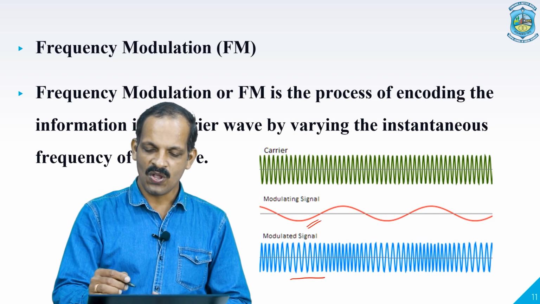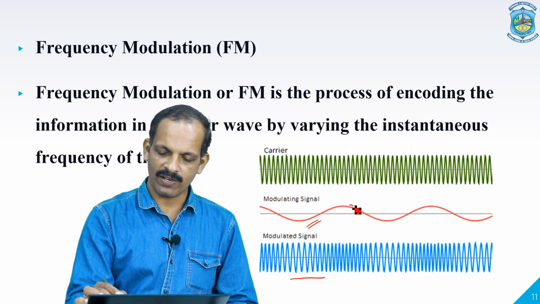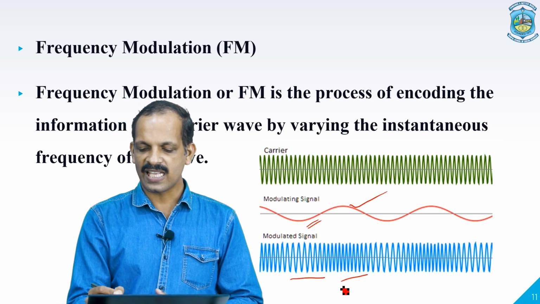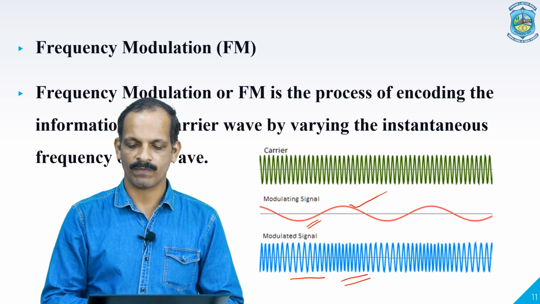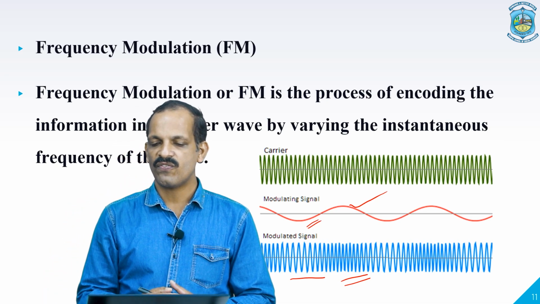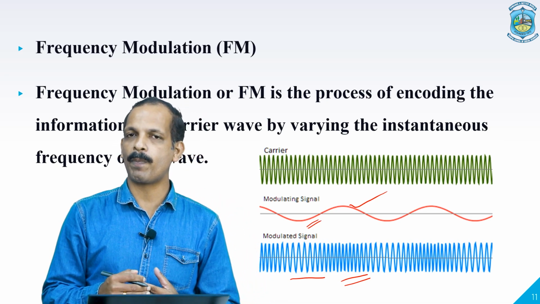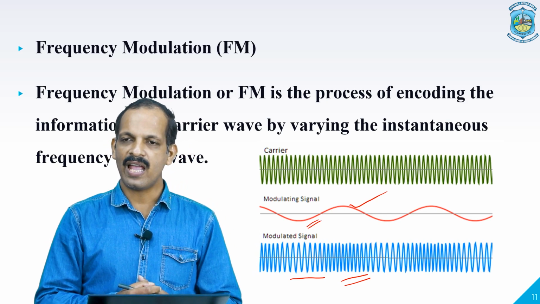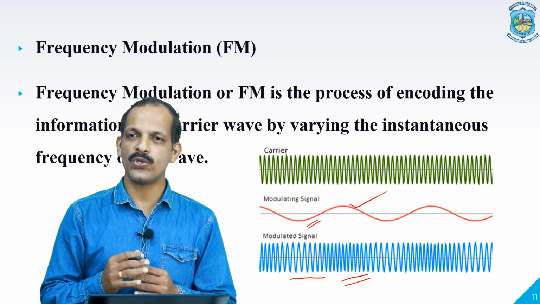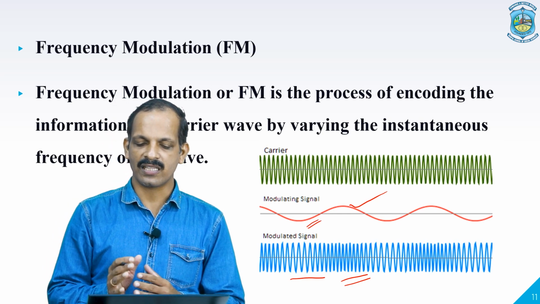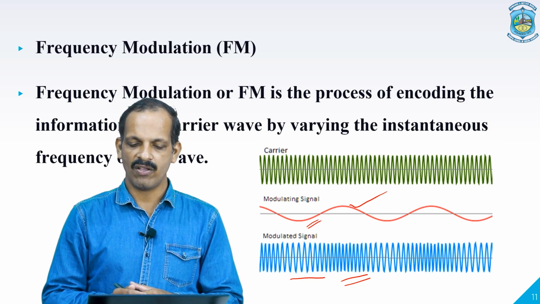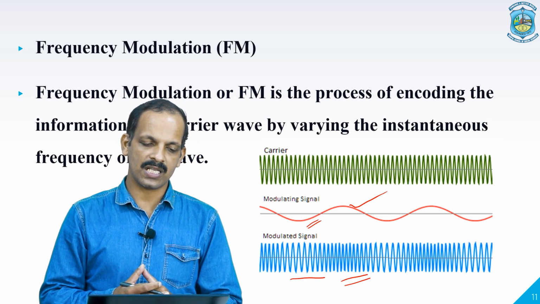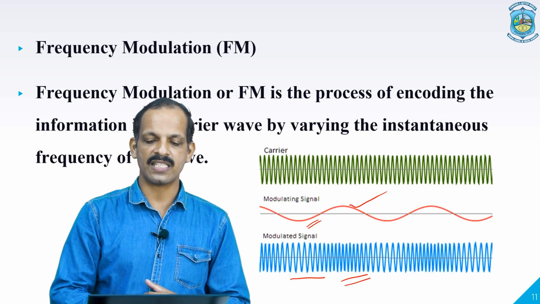But when the amplitude is increasing, the frequency of the carrier wave is increasing. In this way we are changing the frequency property of the carrier wave and making a new signal, called the modulated signal, and then we send that signal. This process is called frequency modulation.